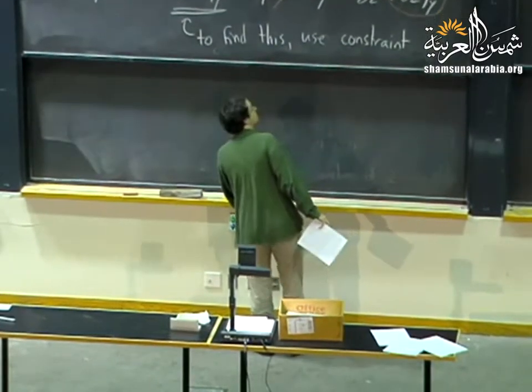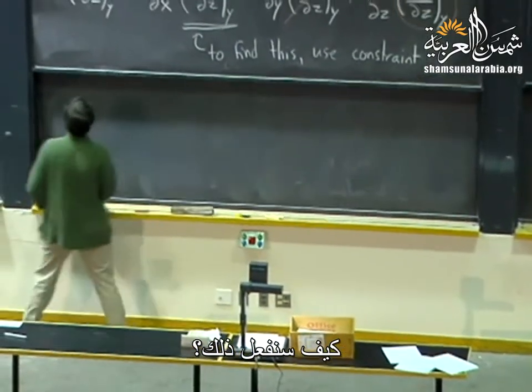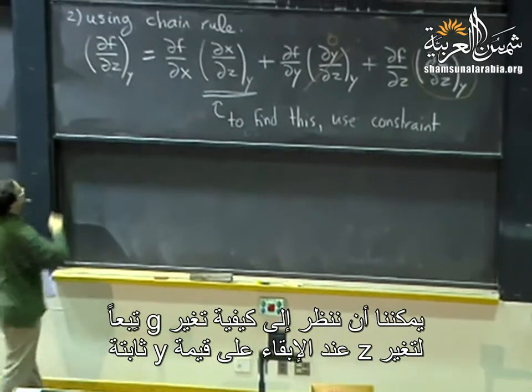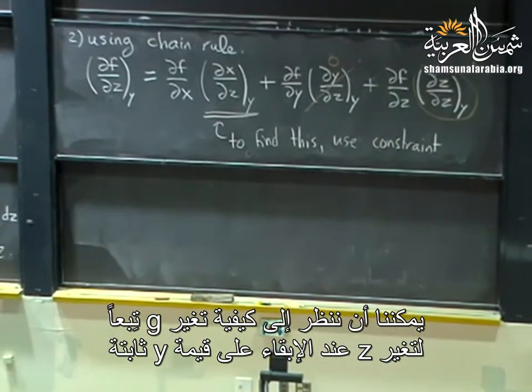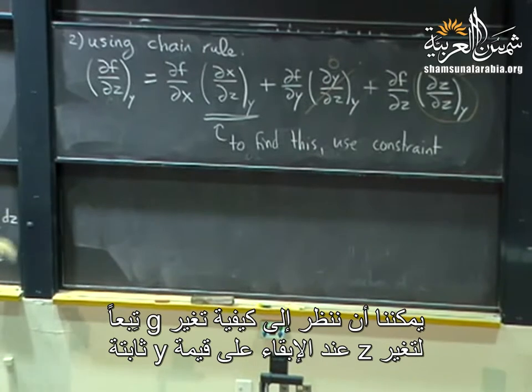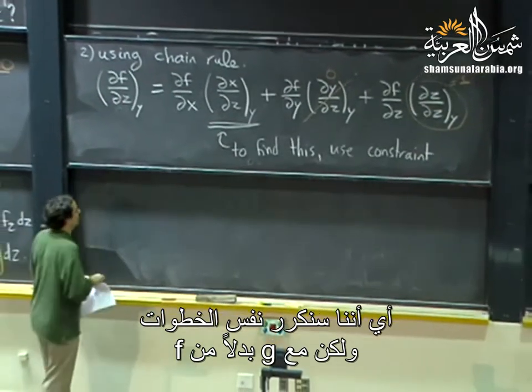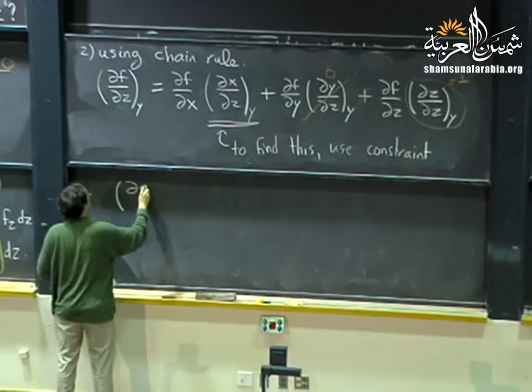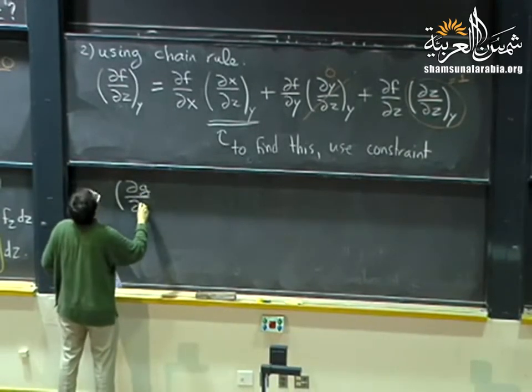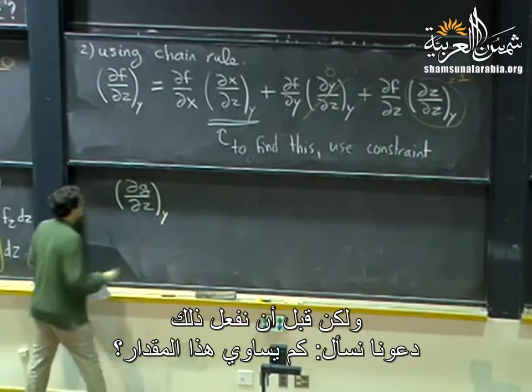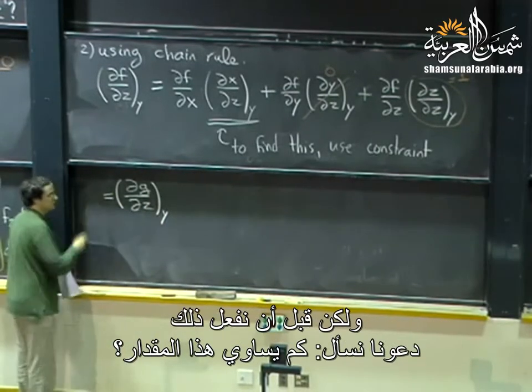So how can I do that? Well, I can just look at how g would change with respect to z when y is held constant. So I just do the same calculation, but with g instead of f. But before I do it, let's ask ourselves first, what is this equal to?